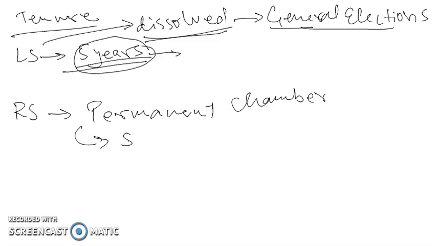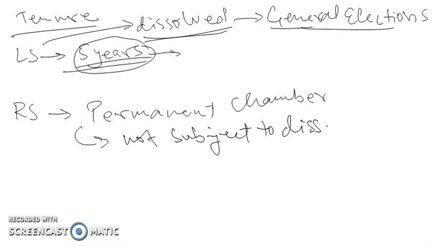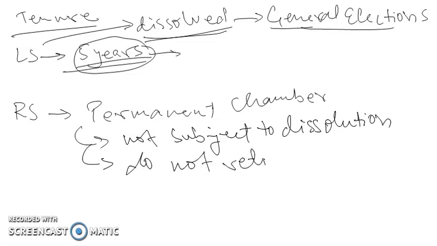Because it is not subject to dissolution. The members of Rajya Sabha do not retire in one go.